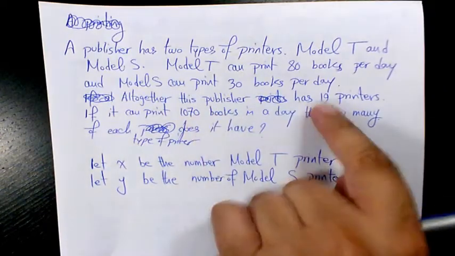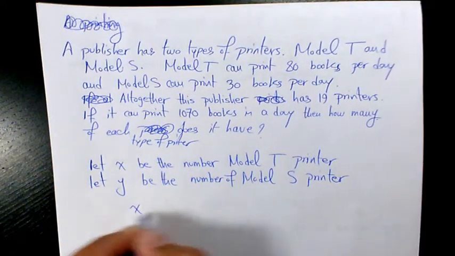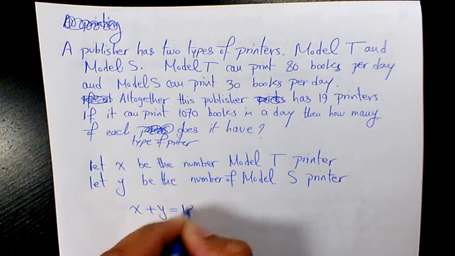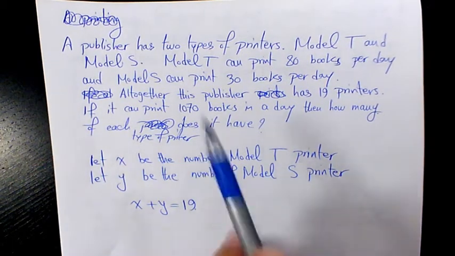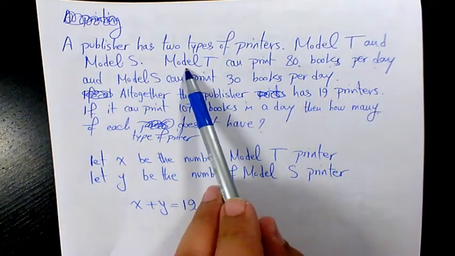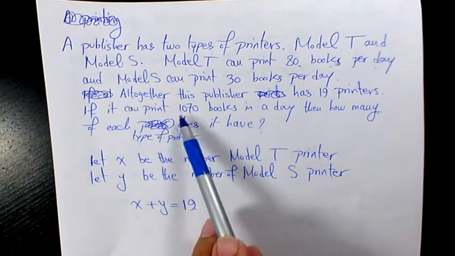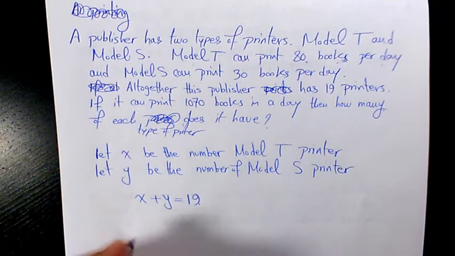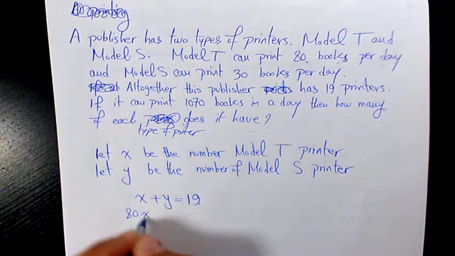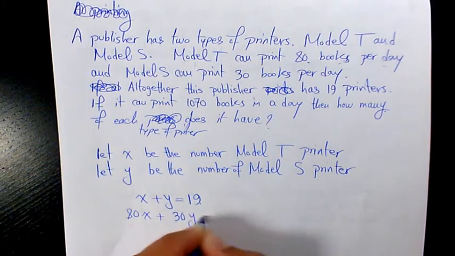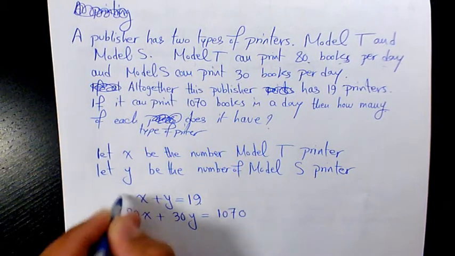It says altogether we have 19 printers, so X plus Y equals 19. It says 80 books per day for Model T and 30 books per day for Model S, and in total in a day we can do 1070. So it's going to be 80X plus 30Y equals 1070.